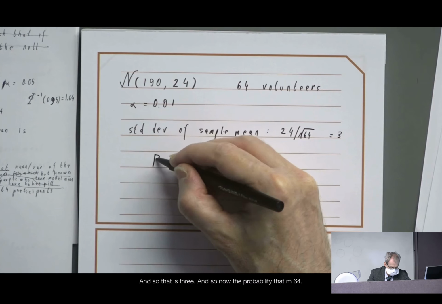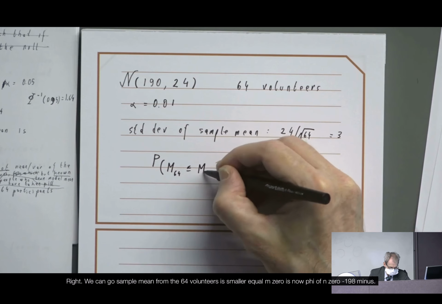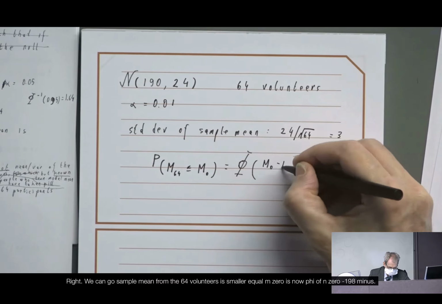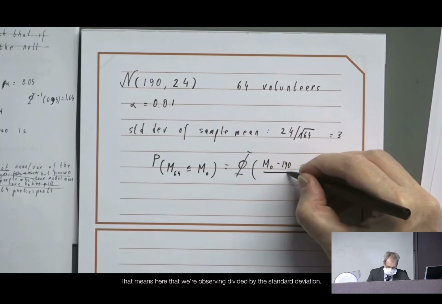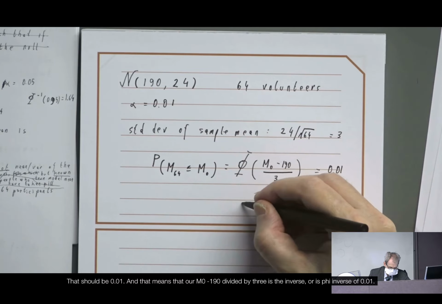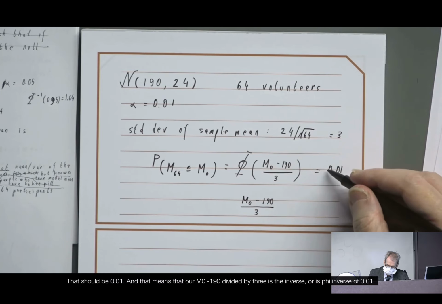Now the probability that M64, meaning our sample mean from the 64 volunteers, is smaller or equal to M0 is phi of (M0 minus 190) divided by the standard deviation, where 190 is the mean we're observing, and that should be 0.01. That means that (M0 minus 190) divided by 3 is phi inverse of 0.01.